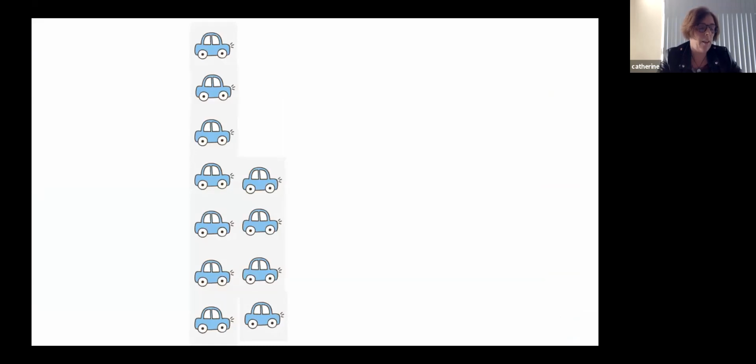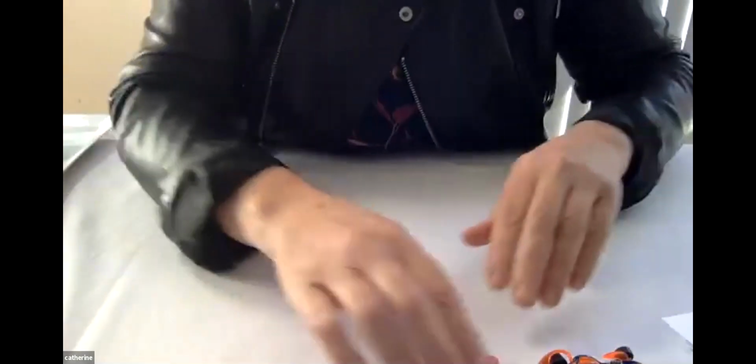We could look at the difference here. We could count the difference of 3 or recognize 3 without counting. I'm going to stop sharing my screen now because I want to show what happens when you use structured materials.